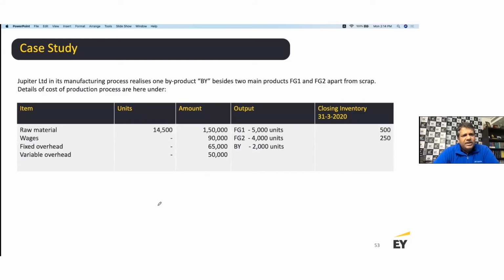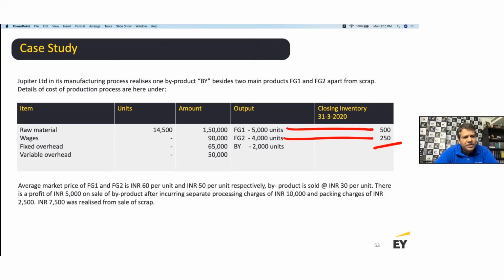Raw material 14,500 units goes in, and you get the output 5,000, 4,000, and 2,000 of byproducts. The cost is 1,50,000, 90,000, 65,000, and 50,000, and you have closing inventories of 50,000 of product FG1, and FG2 is 250. All right.